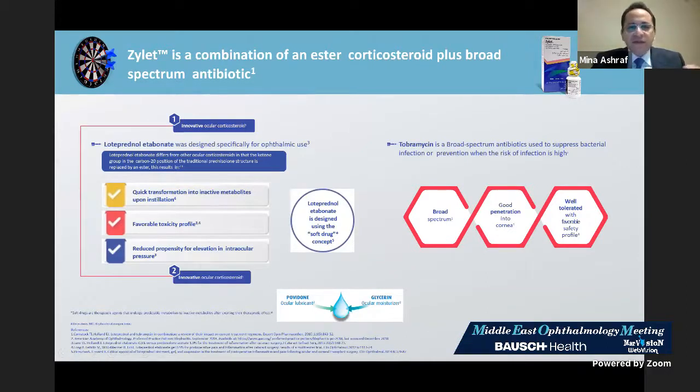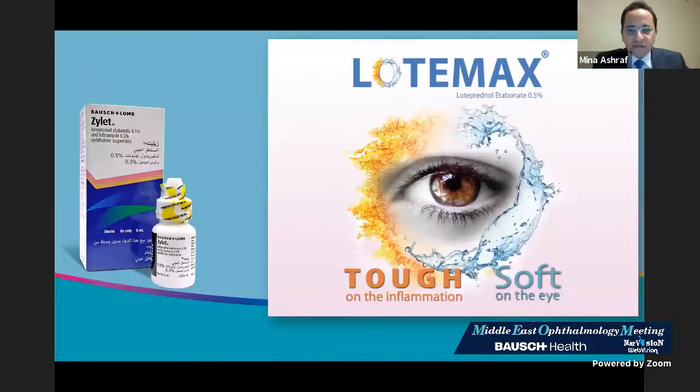To start with Xilit, we need to start with Lotemax, which is the parent product of Xilit. Lotemax is loteprednol etabonate, the corticosteroid that we describe as tough on the inflammation and soft on the eye. Loteprednol etabonate meets the unmet needs.